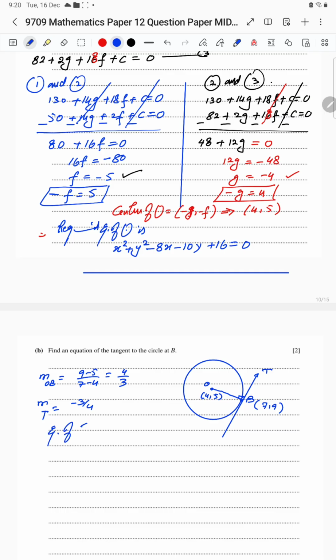So equation of tangent at 7 9 B, and m is equal to minus 3 by 4, we know that y minus y1, that is 9, equal to m times x minus x1, that is 7. That's the answer. No need to simplify, choice is yours because it is 2 marks.